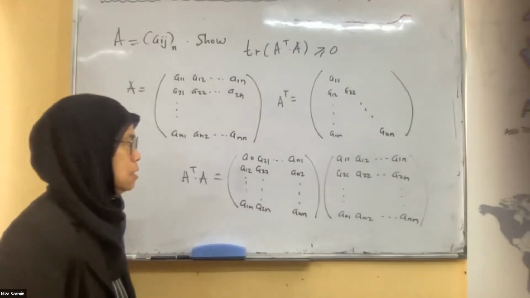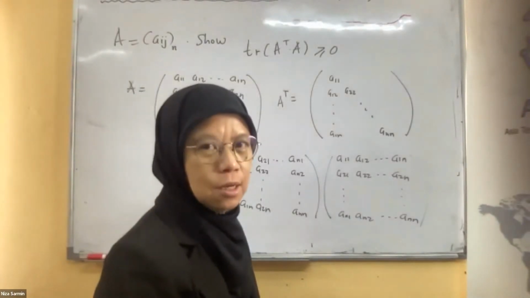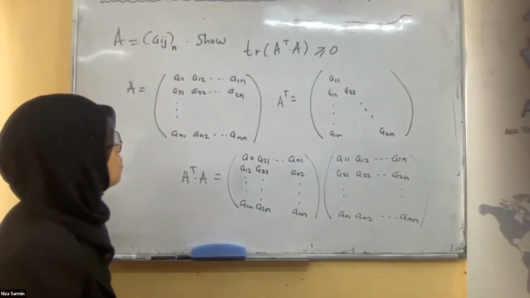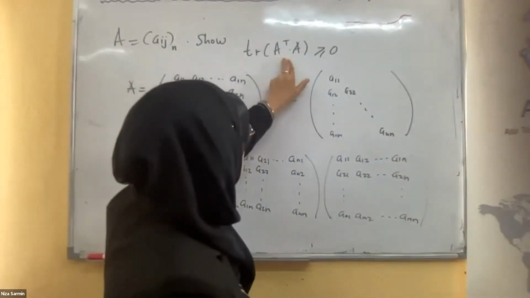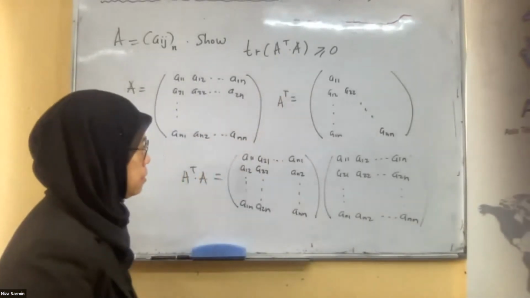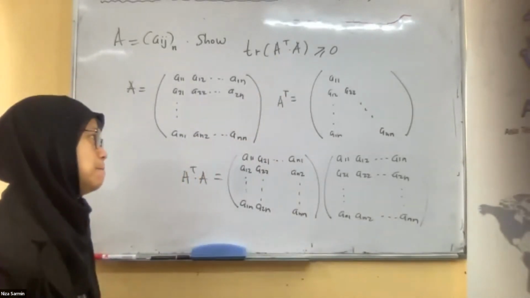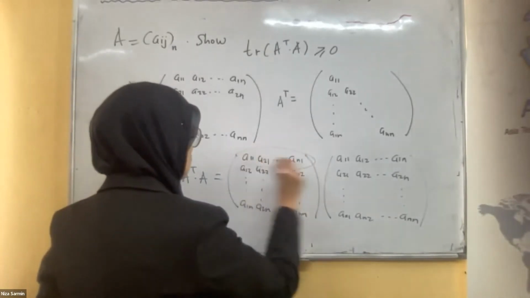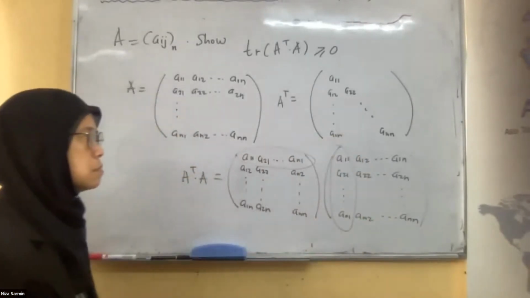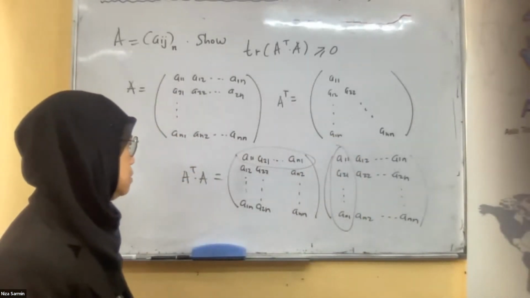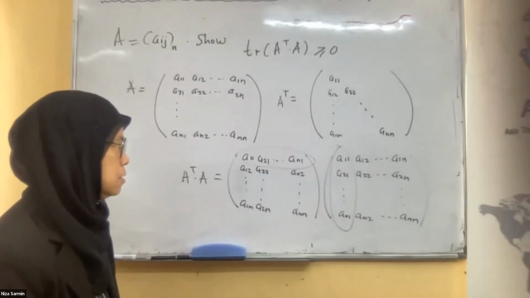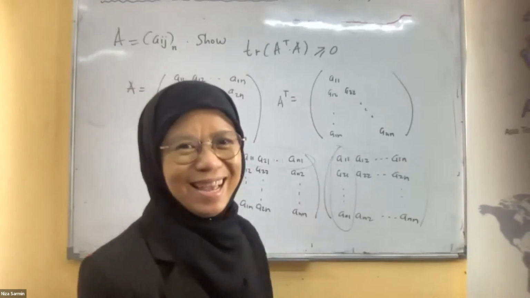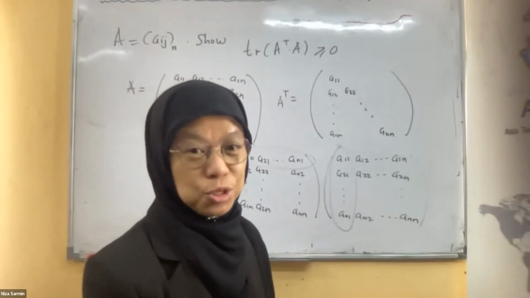Okay, we want to see only the diagonal because we want to find the trace. So the first one will be this one, the trace. You see, they are the same thing because they are the transpose.